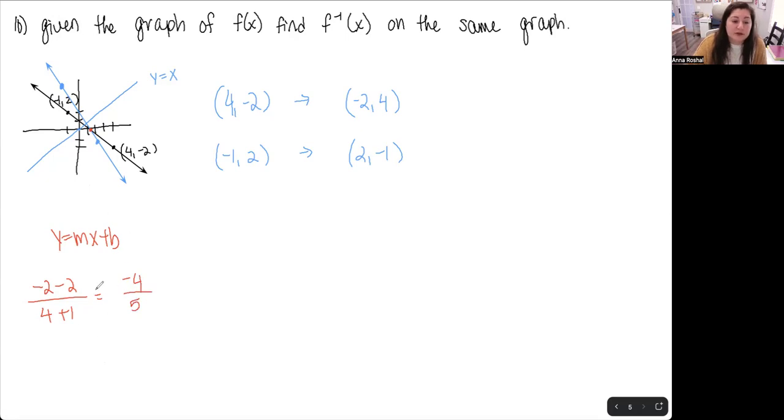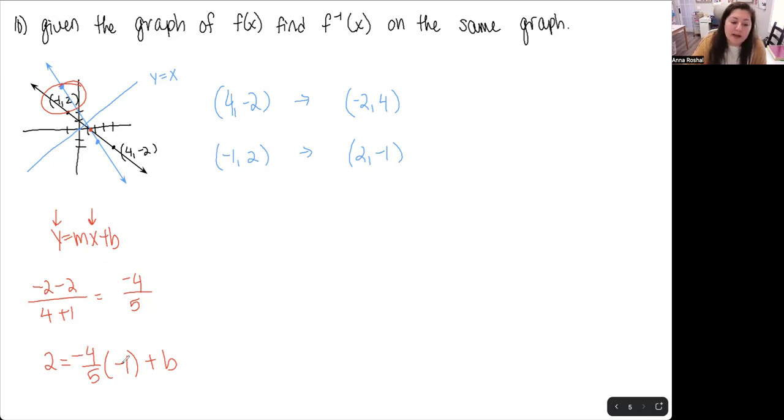And then we'll have to solve for the y-intercept. So 2 equals -4 over 5 times -1 plus b. All I did was use this particular point, this -1, 2, and replace it in my y and x so that I can solve for my y-intercept.